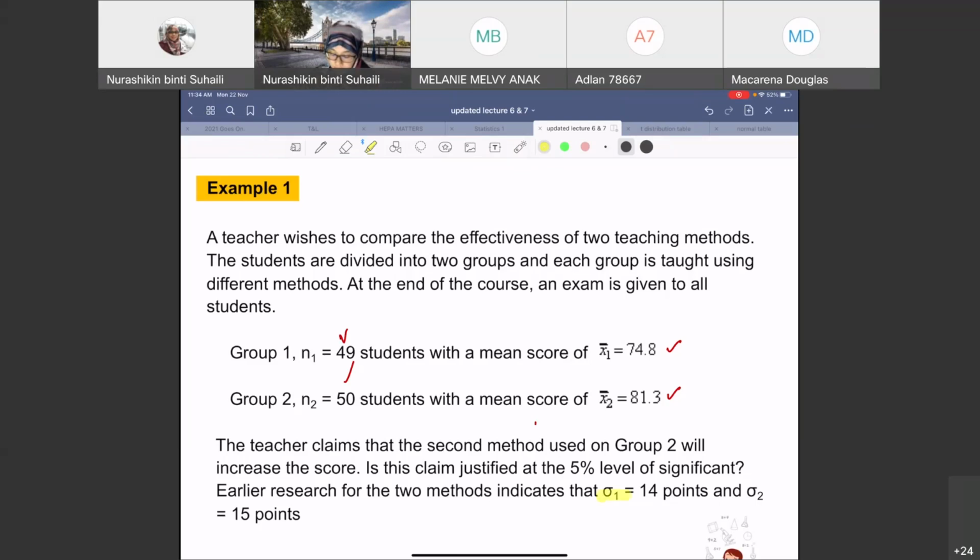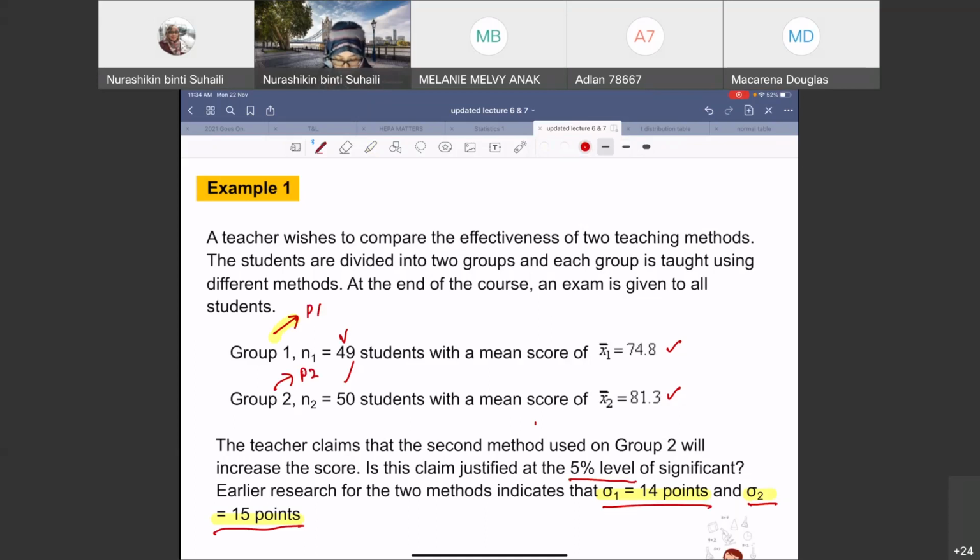It means that each group in this case is representing a population. So this one is referring to population 1 and this is referring to population 2. It doesn't mention directly, but that is what the problem is all about. Alpha is given as 5%. The standard deviations are given, so you know that it falls under the category when the standard deviations of the populations are known.